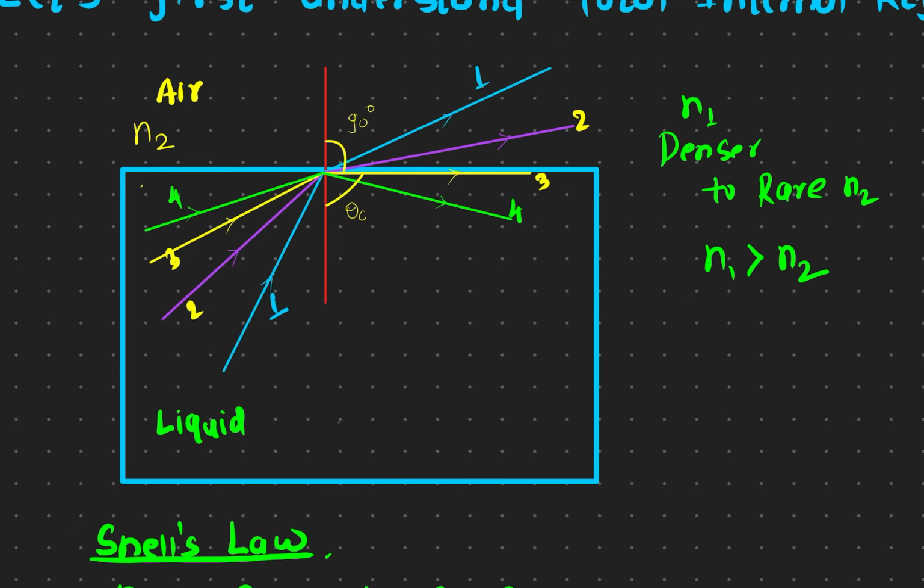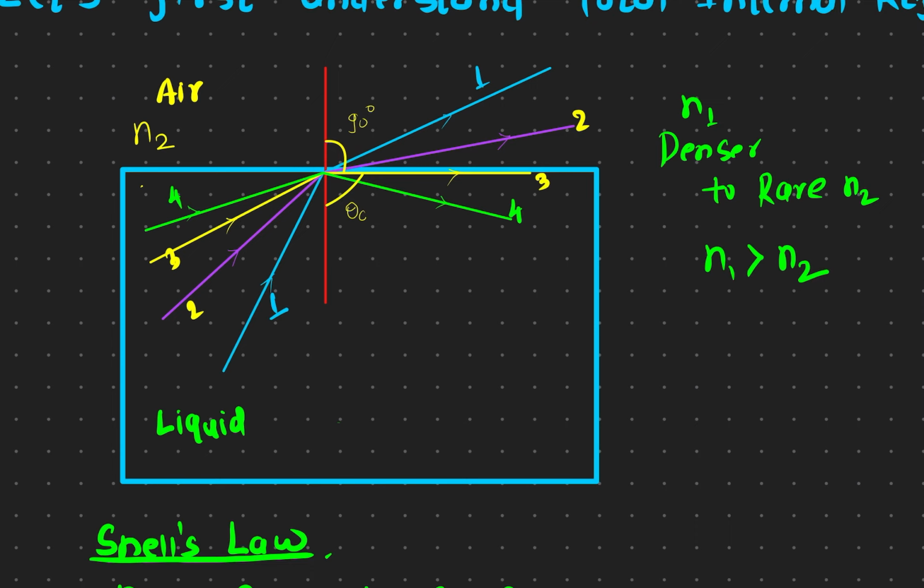You cannot have anything greater than 90 degrees. So at this particular angle, if I look at this refracted ray, the angle of refraction is 90 degrees. That's the maximum angle of refraction I can have.